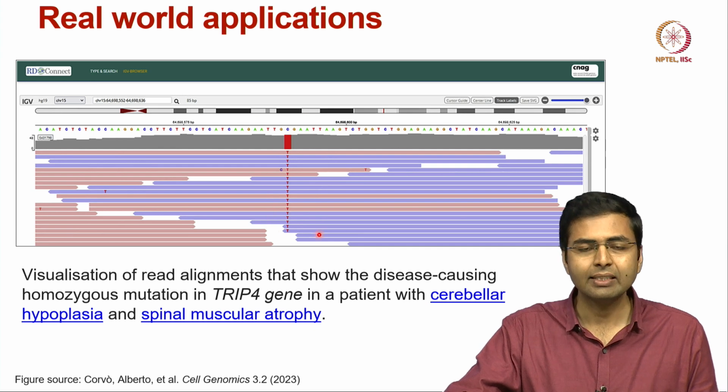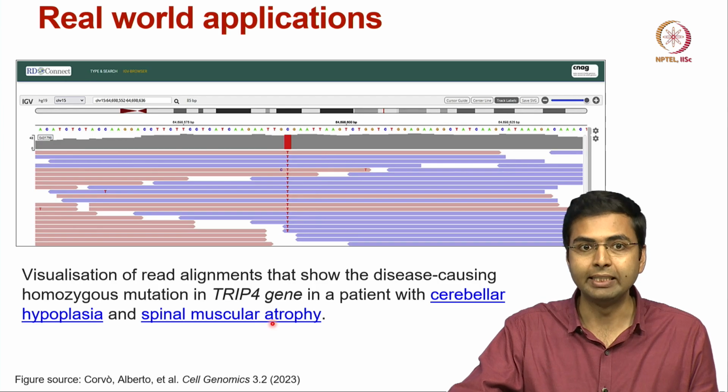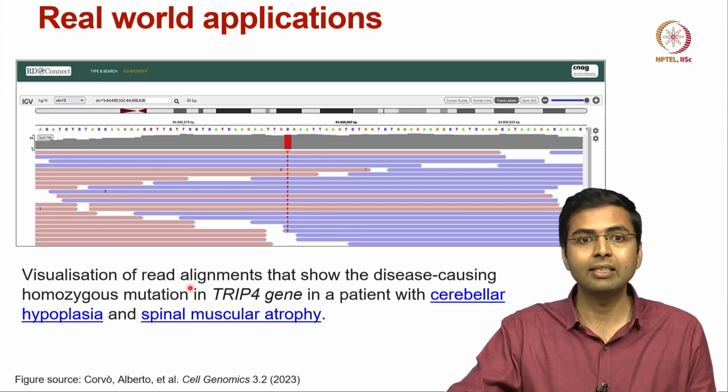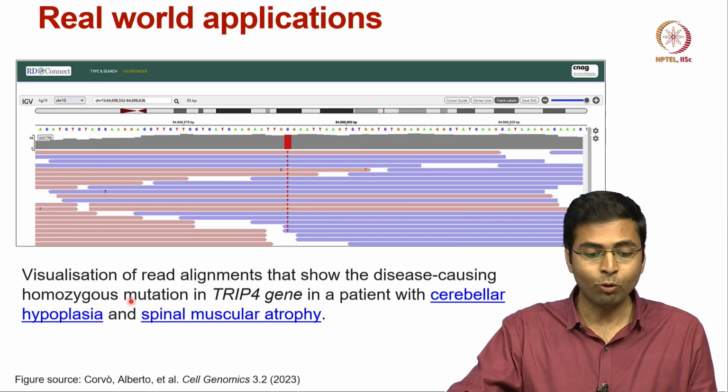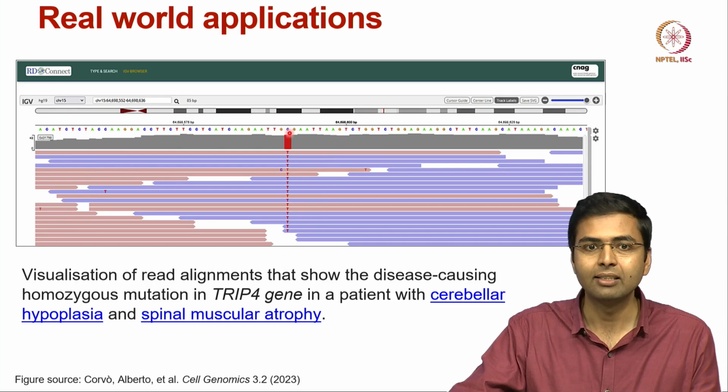In this case these reads are derived from a patient who has cerebellar hypoplasia and spinal muscular atrophy disease. The mutation that explains this disease is a homozygous mutation in the TRP4 gene of the patient, and that mutation is reflected through the alignments of those reads to the reference genome.